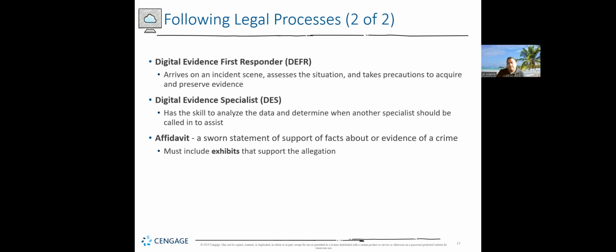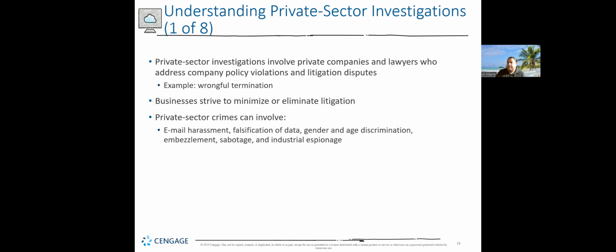They will look at the items physically and determine if they need more hands to tag and bag and assess things. An affidavit is a sworn statement in support of the facts about or evidence of a crime, and must include exhibits that support the allegation. So this is when you're going to court and presenting an affidavit, sworn, and so on. It's because you have proof and you say, here it is. That's what that means. So, moving on.